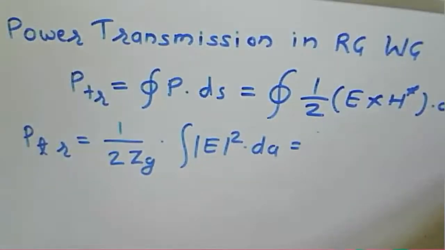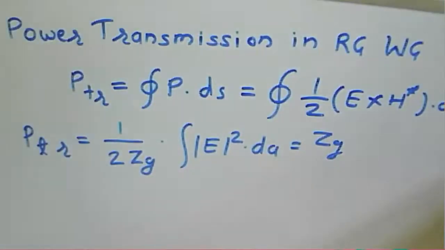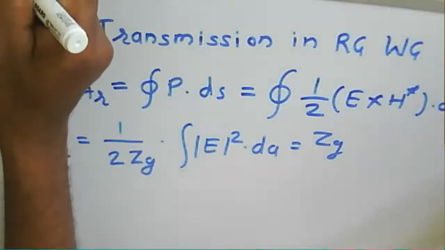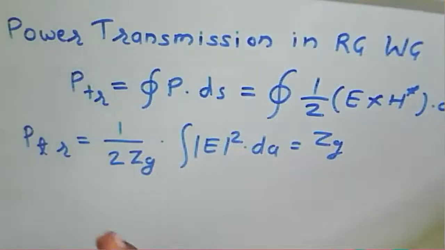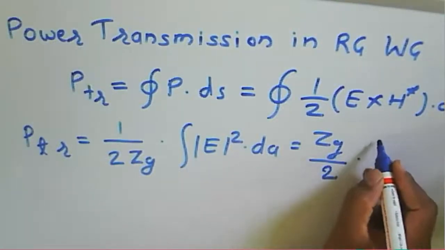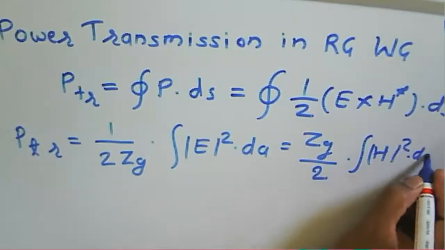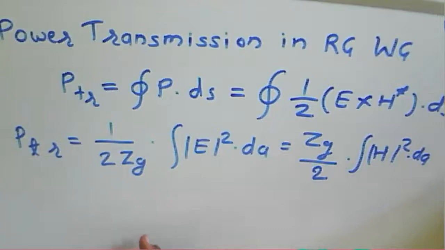Now the power transmitted, we can write in terms of the magnetic field component: Zg by 2 into the magnetic field component H square into dA here. That is in terms of the electric field component, and in terms of the magnetic field component we have written.